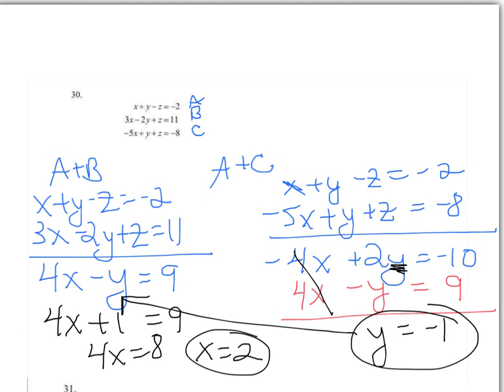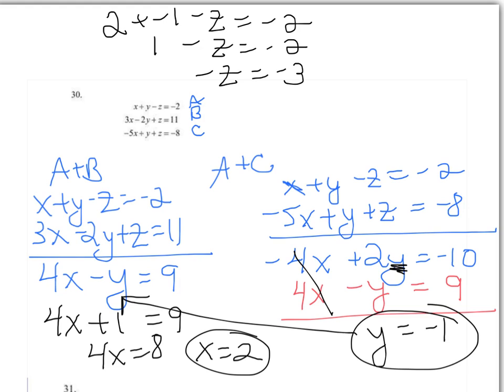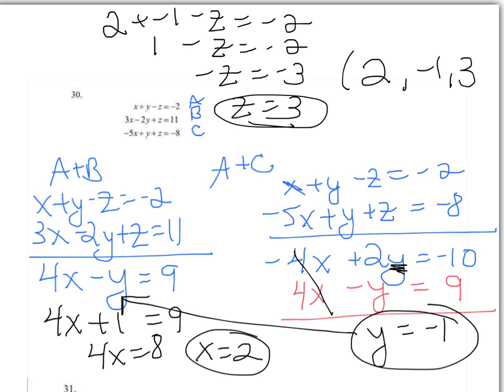And I'm going to use equation A to find z. So that's 2 plus negative 1 minus z equals negative 2. 2 plus negative 1 is 1. We're going to subtract that to the right-hand side, and we get z equals 3. So our coordinate answer is 2, negative 1, 3.